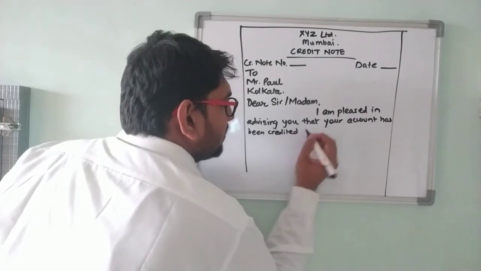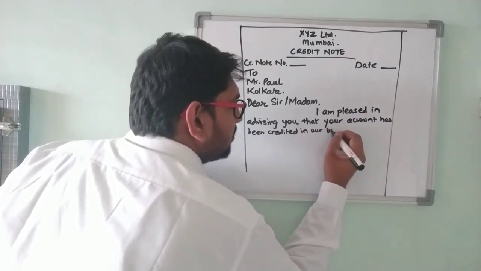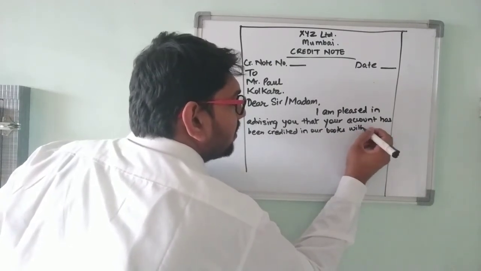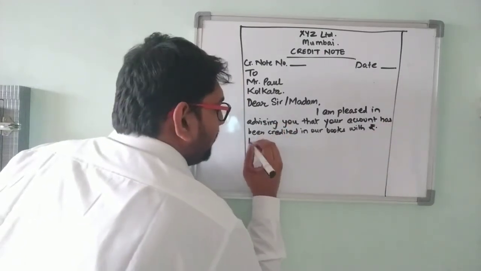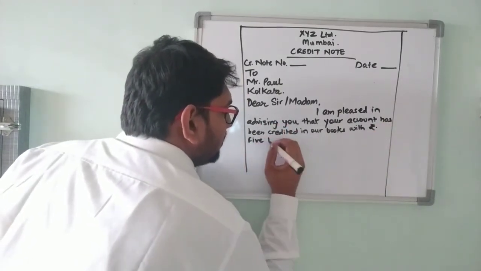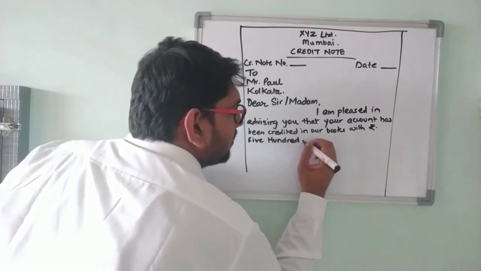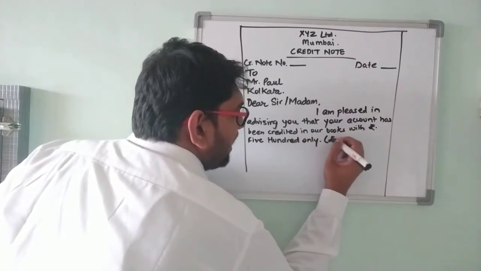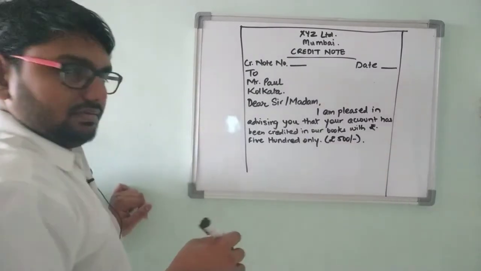credited in our books with rupees, let us take 500 only, and I'll write in bracket rupees 500 in figures.